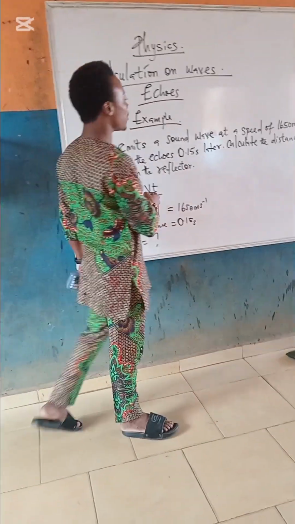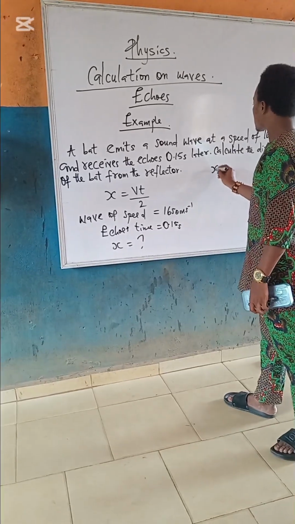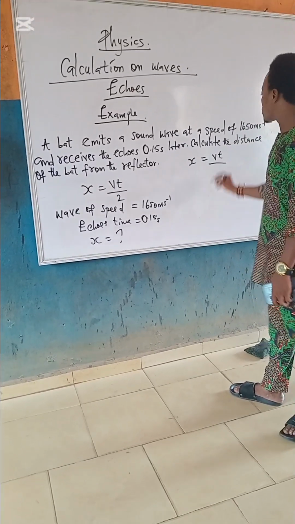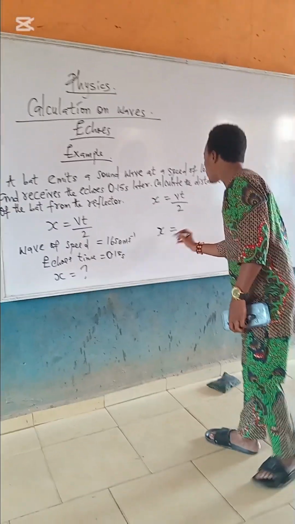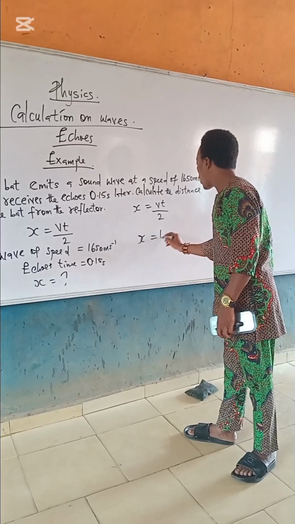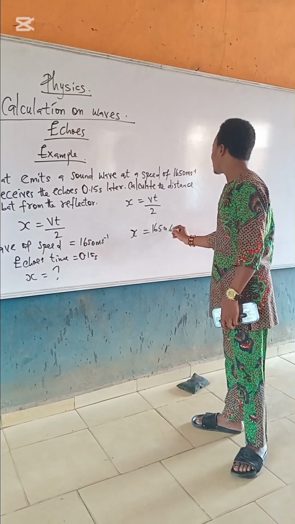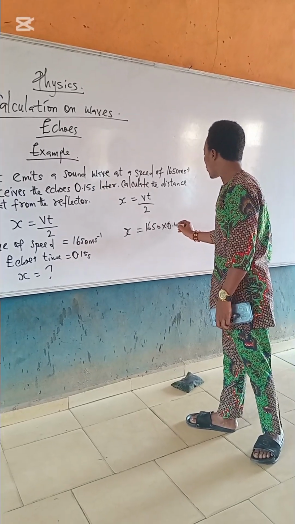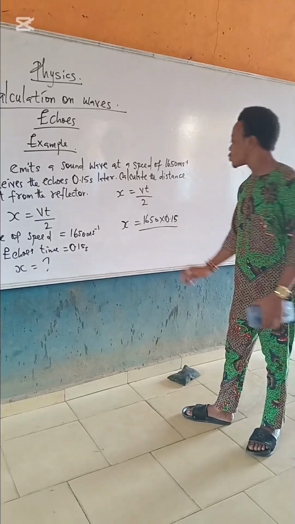So from this parameter, you have that x is equal to Vt all over 2. So the distance is equal to velocity, which is the speed, 1650, times the time. The time is 0.15 all over 2.